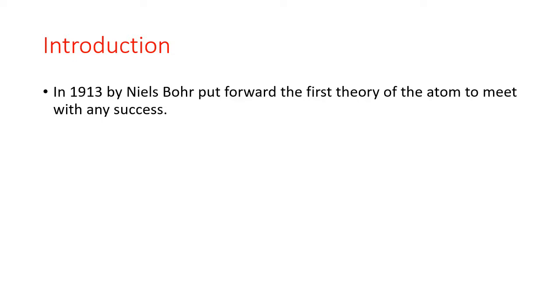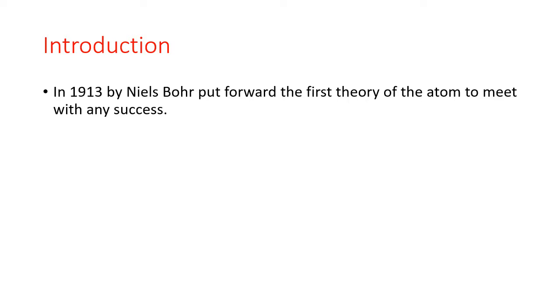So, in 1913, Niels Bohr put forward a theory about an atom that met with some success. You all know there were several models of atom put forward by different scientists.